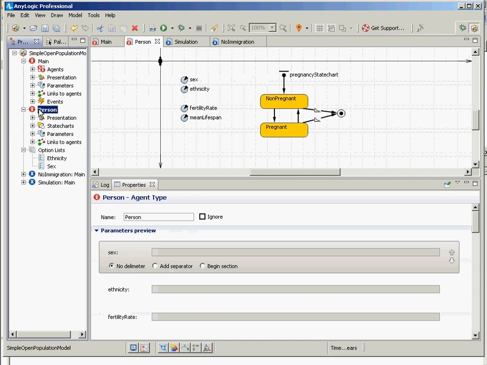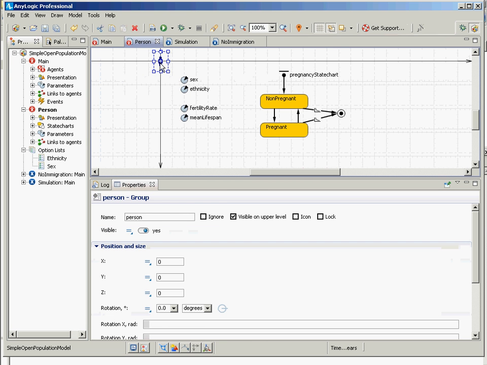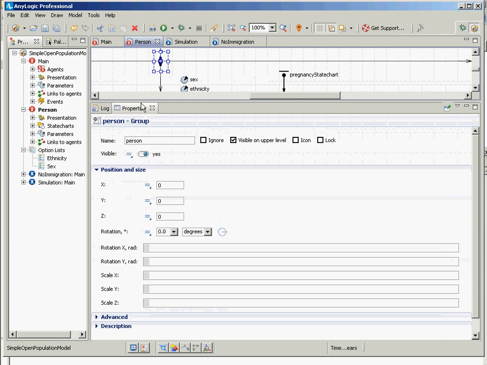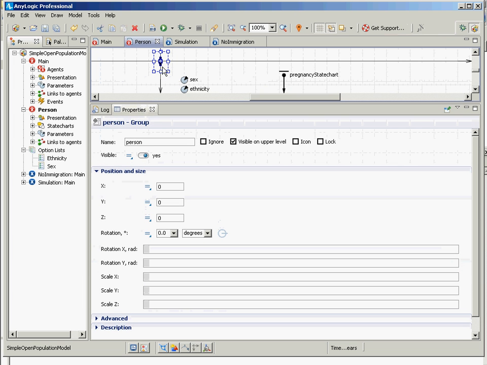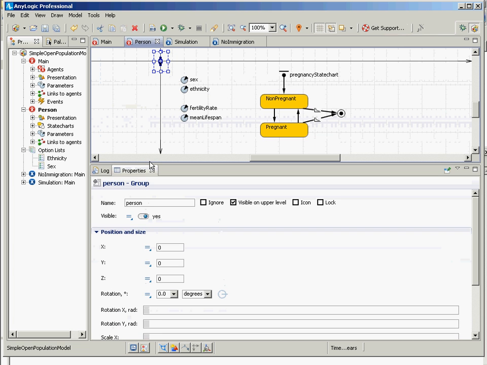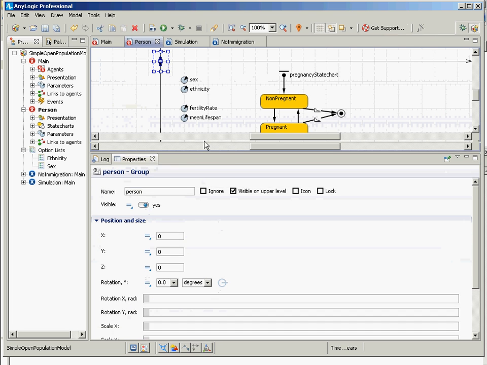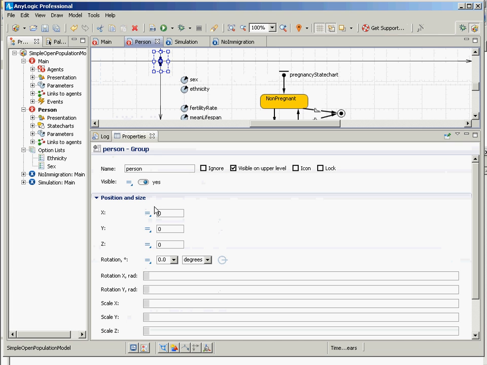One of the issues with the babies, as they are right now, is that we have this so-called person group here, and so it's not quite as easy as if we actually had a circle. I think I'm going to leave that for now. So we do have babies being born.